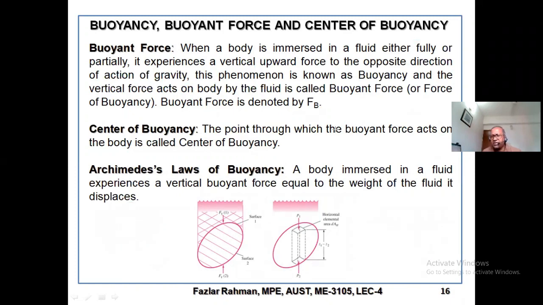What is Archimedes' law? Archimedes is saying, when you submerge a body or you put a body in the fluid, then how much force will it experience? He's saying a body immersed in a fluid experiences a vertical buoyant force equal to the weight of the fluid it displaces.